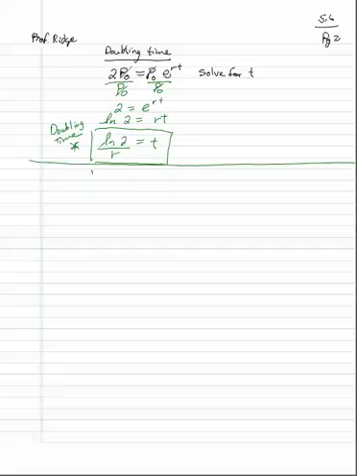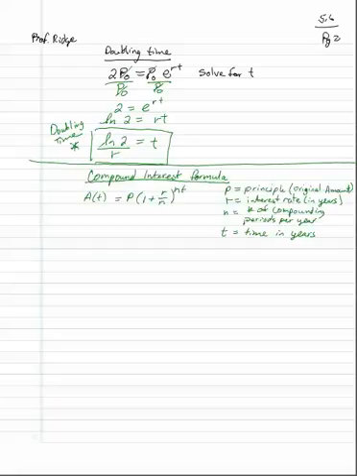Alright, now let's go on to compound interest. This should be review, but anyway, here it is. The compound interest formula is A of t equals P times (1 plus r over n) to the nt. Of course, P is the principal, or the original or initial amount. R is your interest rate, and typically we give it in years.